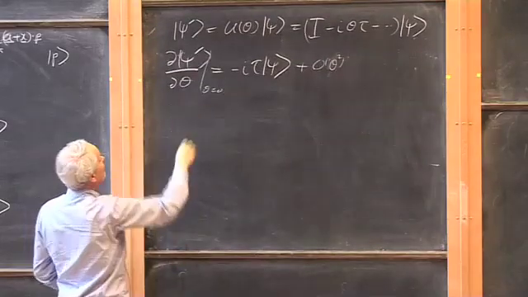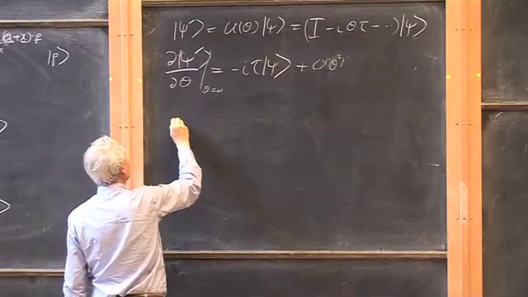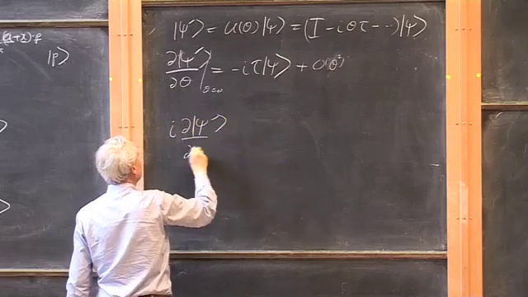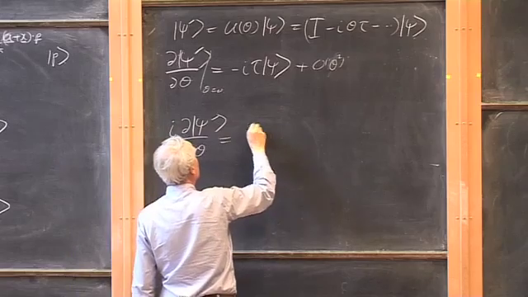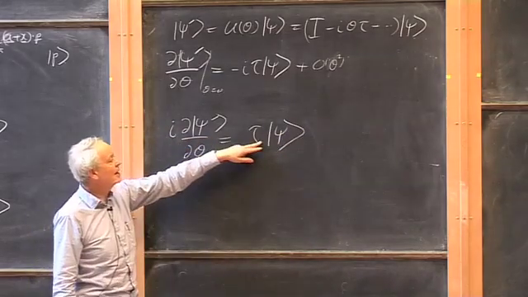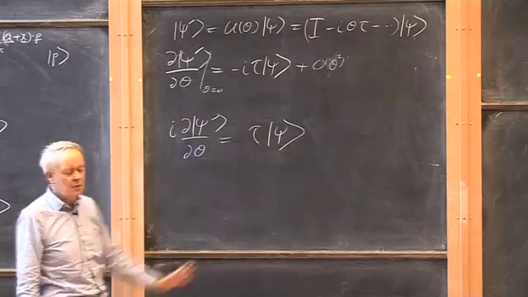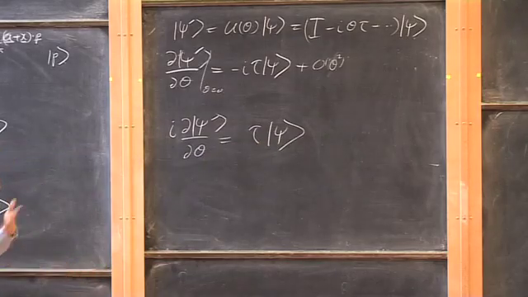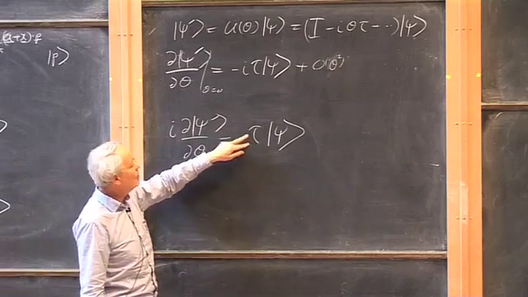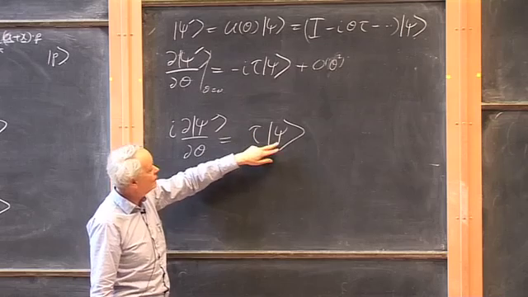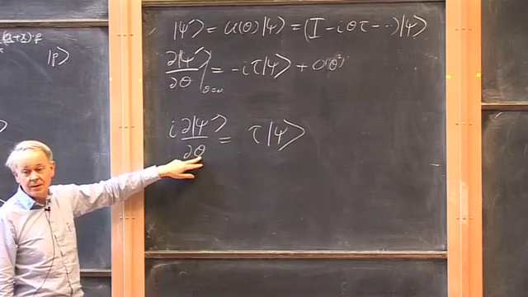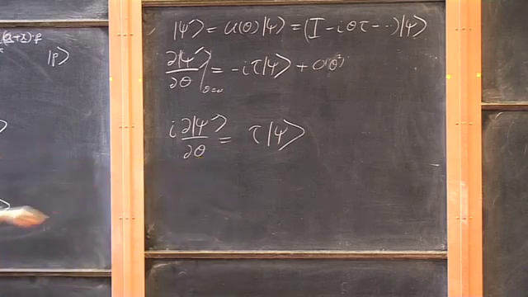And multiply this equation through by i, and we get a very important equation, which is that i d psi primed by d theta is equal to tau psi. So the operator tau, the Hermitian operator tau, which we suspect is connected to some observable, well, will turn out to be connected to some observable in every case. What does it do? What it does is it measures the rate of change of your states when you change the parameter theta.